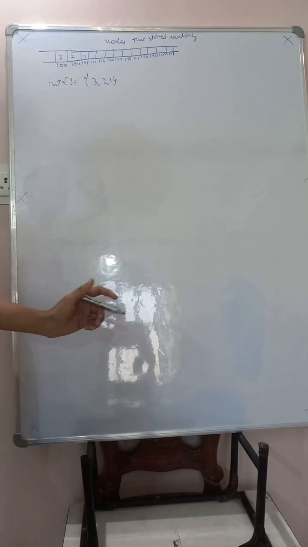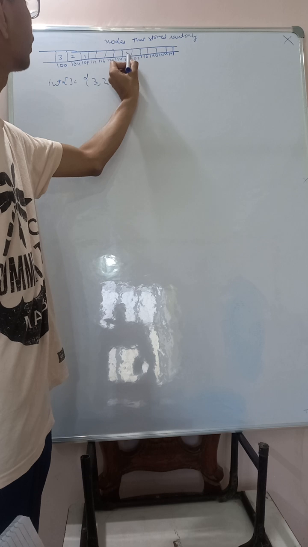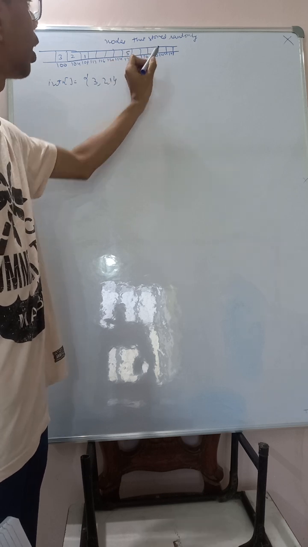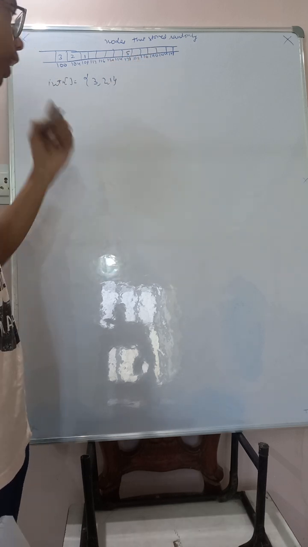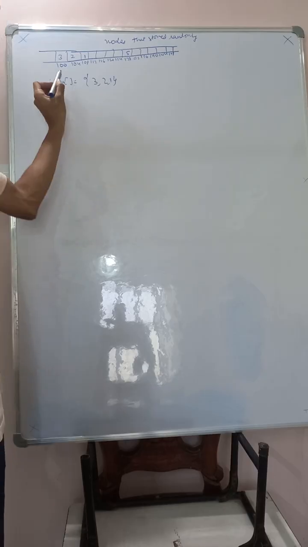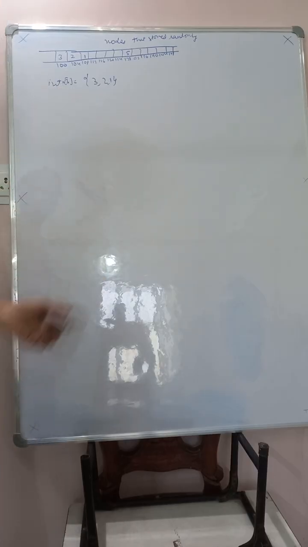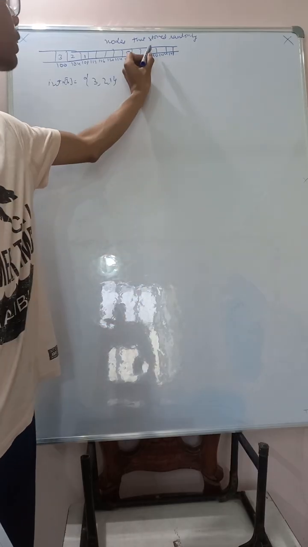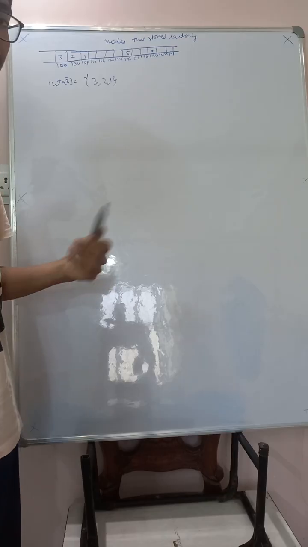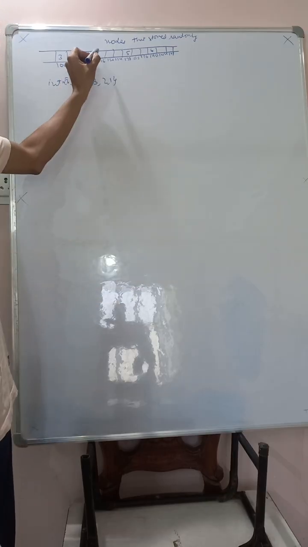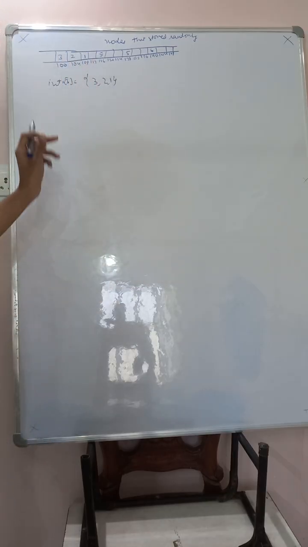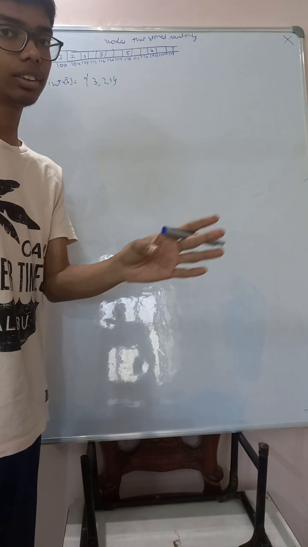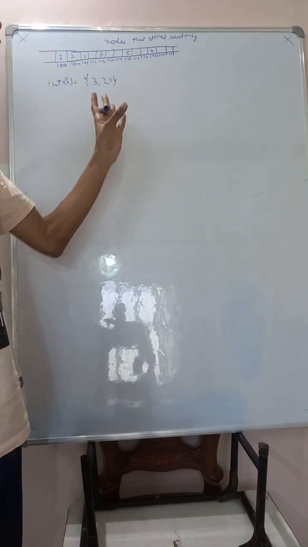But if I want to store a number here and I don't know how much space to allocate, right? And then I want to store a number 6, suppose here, and then I want to store a number randomly, suppose here. So how can I access the other number by using the first number?